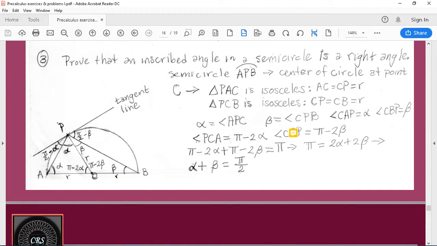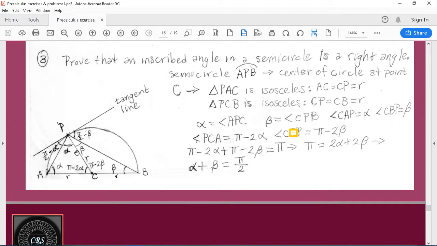That is, that pi equals 2 beta plus 2 alpha, which is this we have here. We also can say that pi minus 2 alpha equals 2 beta. That is, pi equals 2 alpha plus 2 beta, again what we've got here. So if pi equals 2 alpha plus 2 beta, that means that alpha plus beta equals pi halves.